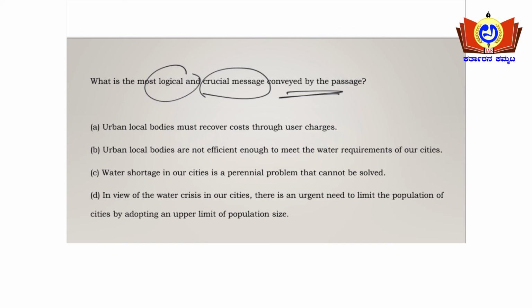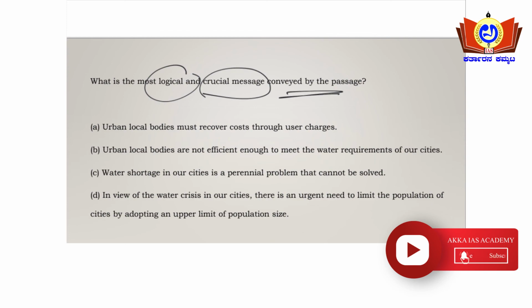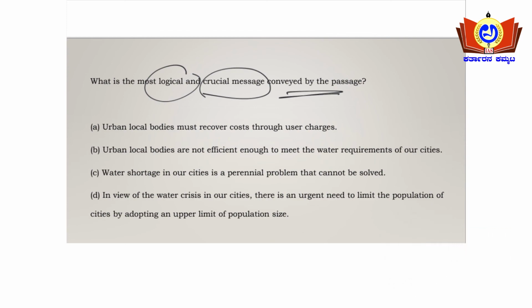See, the passage is not telling that urban local bodies are not efficient. The passage is telling that for urban local bodies to make this sewage treatment and all the treatment, the required financial inputs are not sufficient. So the funds deficiency is mainly highlighted here rather than the efficiency of the urban local bodies. So option B can be negated here.